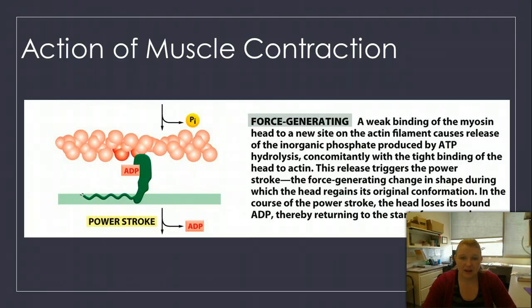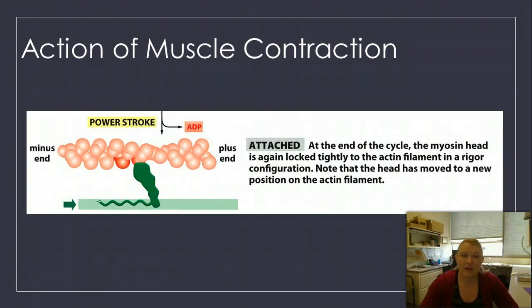Now it is attached, and the ADP is going to come off. What this is going to do is cause the power stroke. As that ADP comes off, the myosin head springs back to its original position, but it takes the actin along with it. This allows for that actin to move. And remember, it's about 5 nanometers.